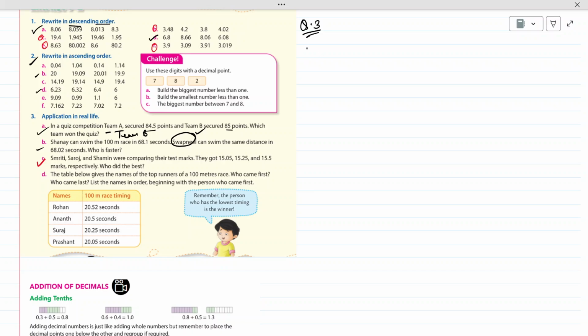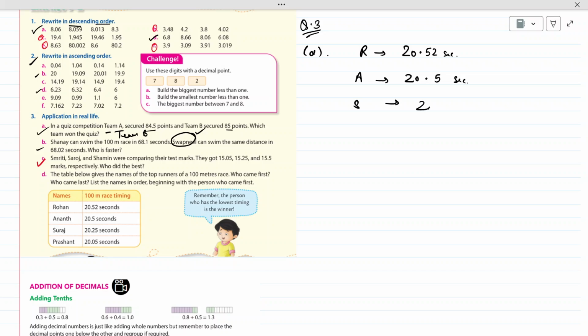Okay, so I'm writing here the initials. Rohan has 20.52 seconds timings. Anand has 20.5 seconds timings.